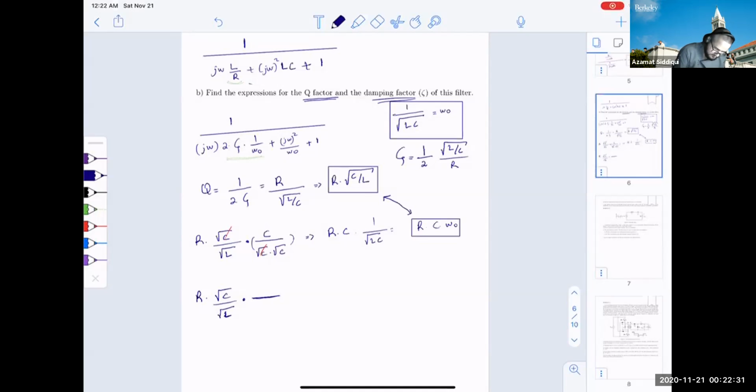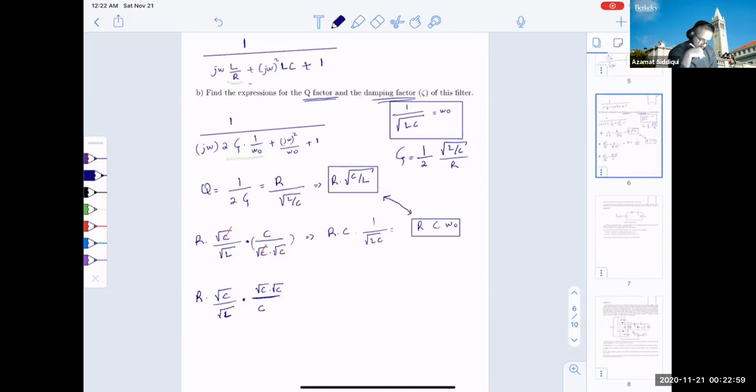You know what? Another way to do this is write this down as C and C, and let's see right here. I have it in terms of having C cancel out.